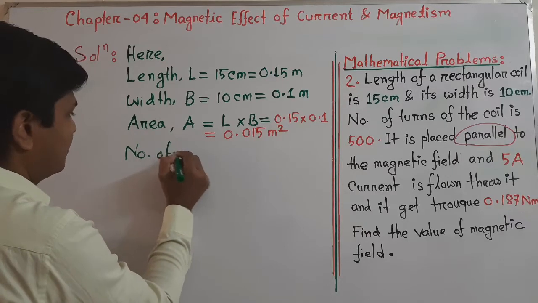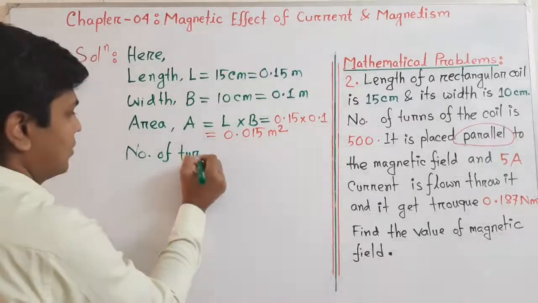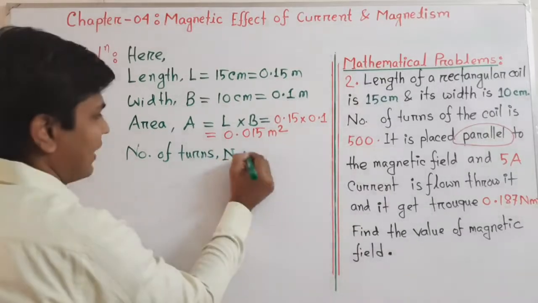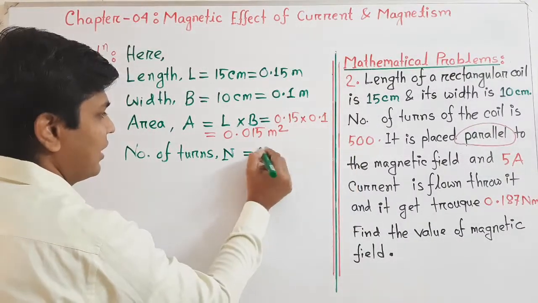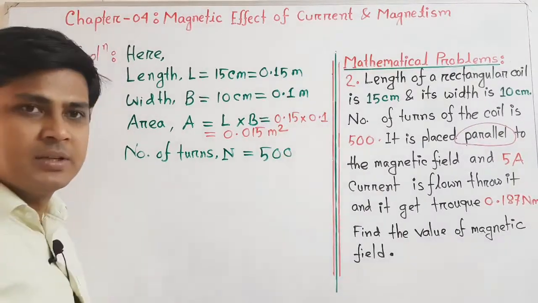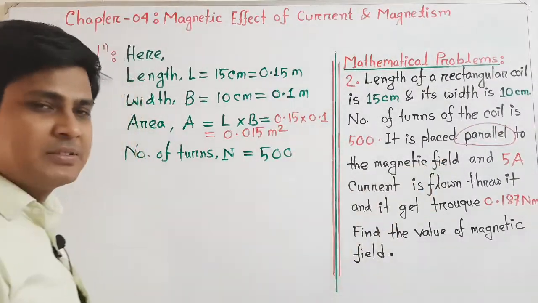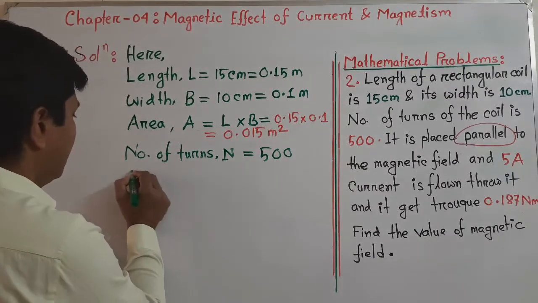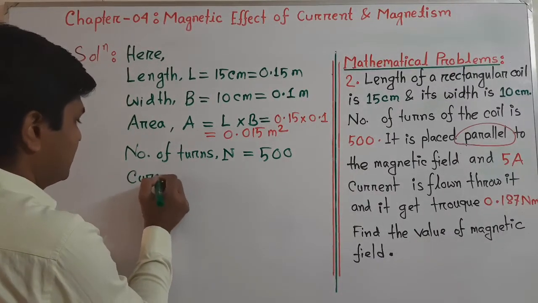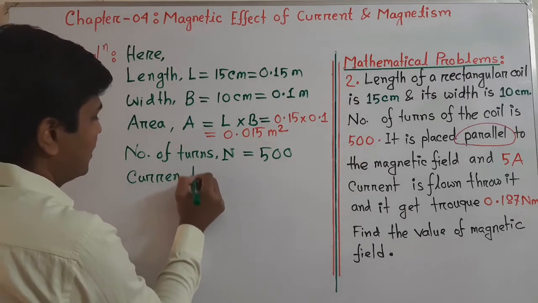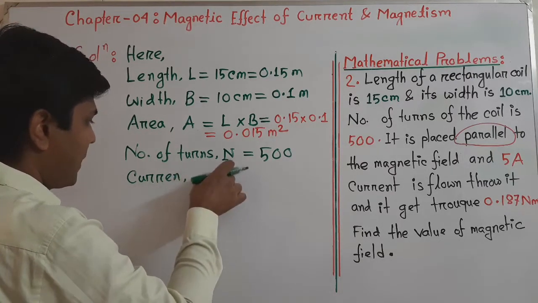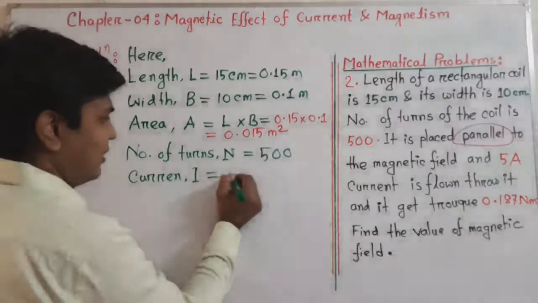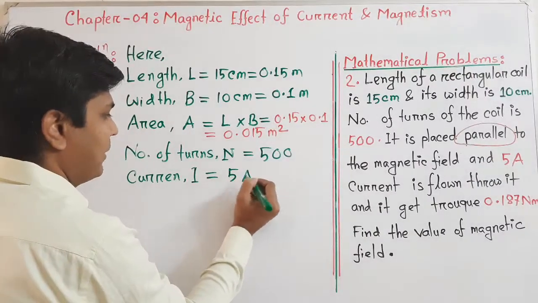We have the number of turns 500, so we can write number of turns, symbol N, value 500. The current passing through the coil is also given, symbol I, 5 ampere.